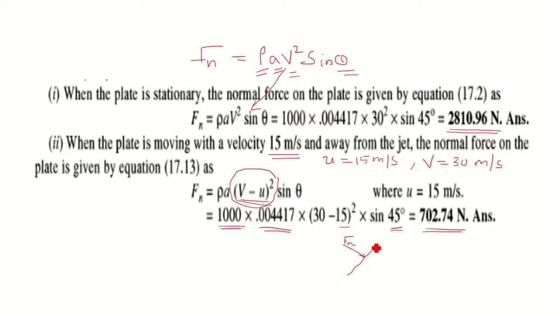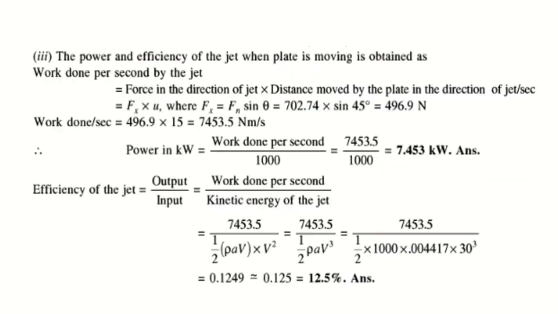Okay. So next we need to find the power and the efficiency. We know that power is equal to work done per second. So what is work done? Work done per second for this problem is equal to F of x into u.